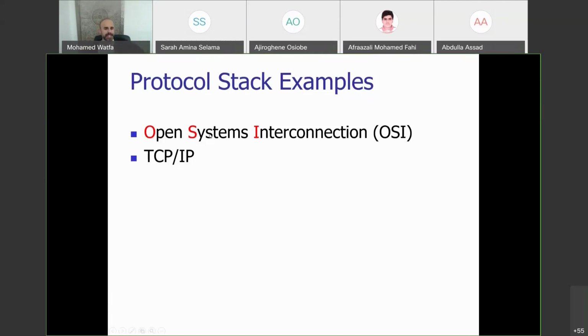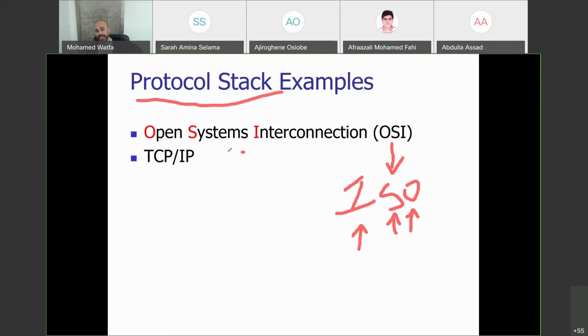OSI is Open Systems Interconnection. Ironically enough, it was developed by ISO, which is the International Standards Organization, basically the organization that puts all the standards in the world. These are the ones who proposed OSI. It's very famous. These are called protocol stacks.